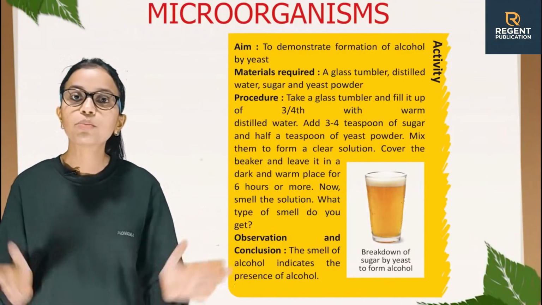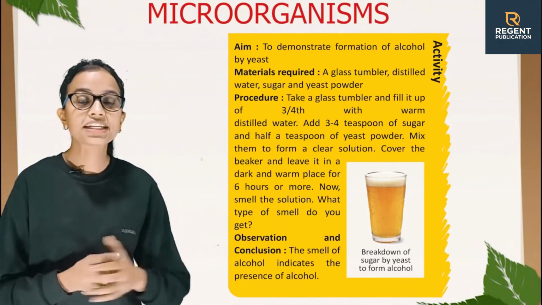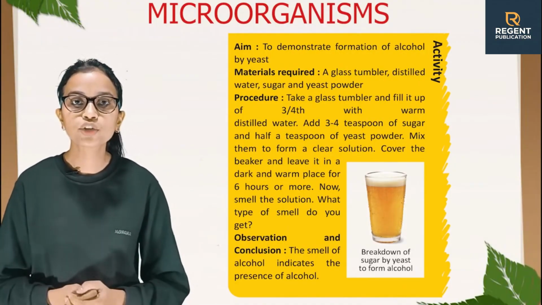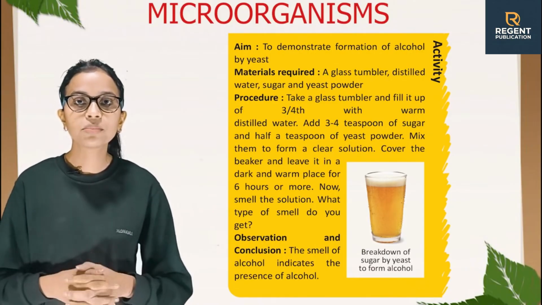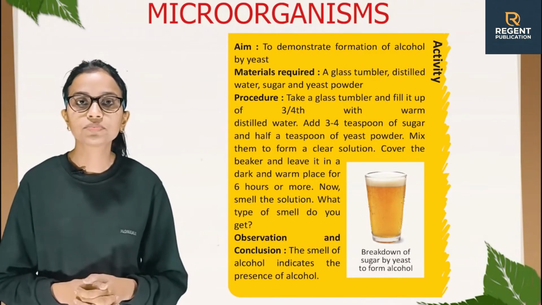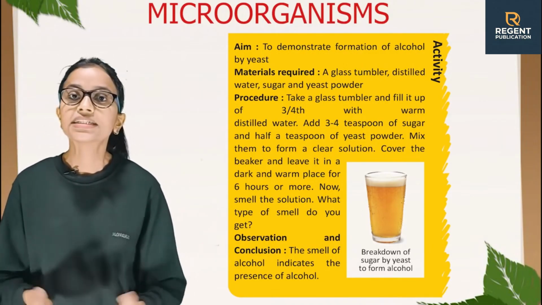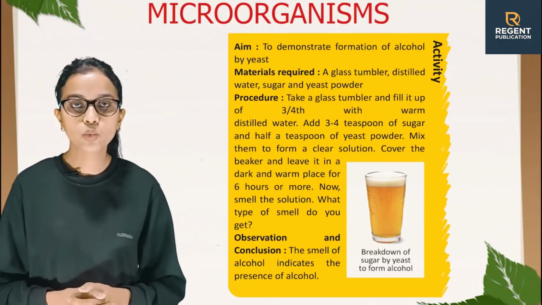Now, we are moving towards the activity. The aim of this activity is to demonstrate formation of alcohol by yeast. Materials required are a glass tumbler, distilled water, sugar and yeast powder. Now, the procedure. Take a glass tumbler and fill it up to 3/4 with warm distilled water.